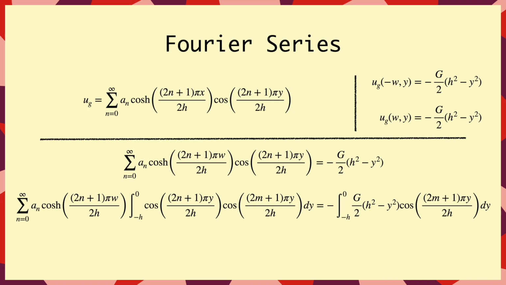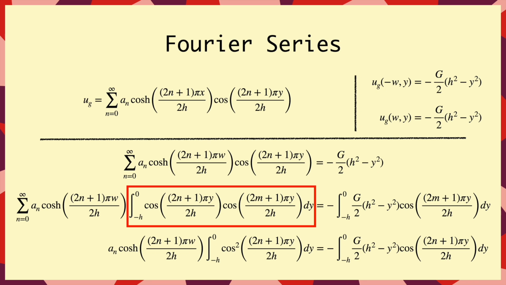And the reason this works is that the integral on the left is 0, except when m equals n. I'm not going to prove that now, but you can use integration by parts to show it's true. So that means the left-hand side goes from an infinite sum to just one term, and we've got a regular equation we can solve for an, albeit quite a fiddly one.